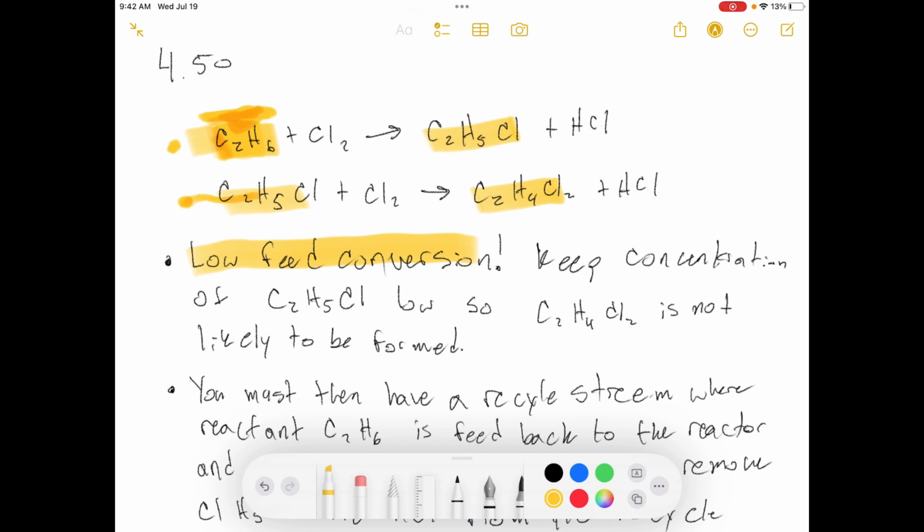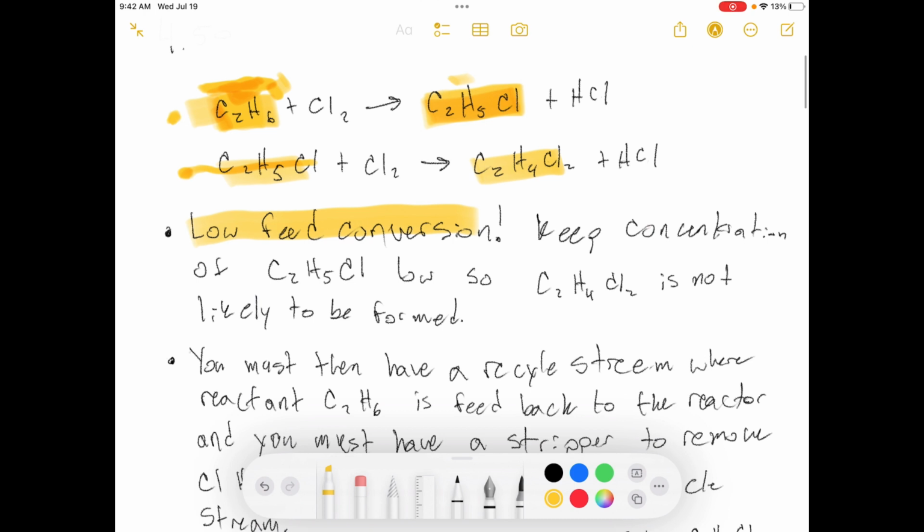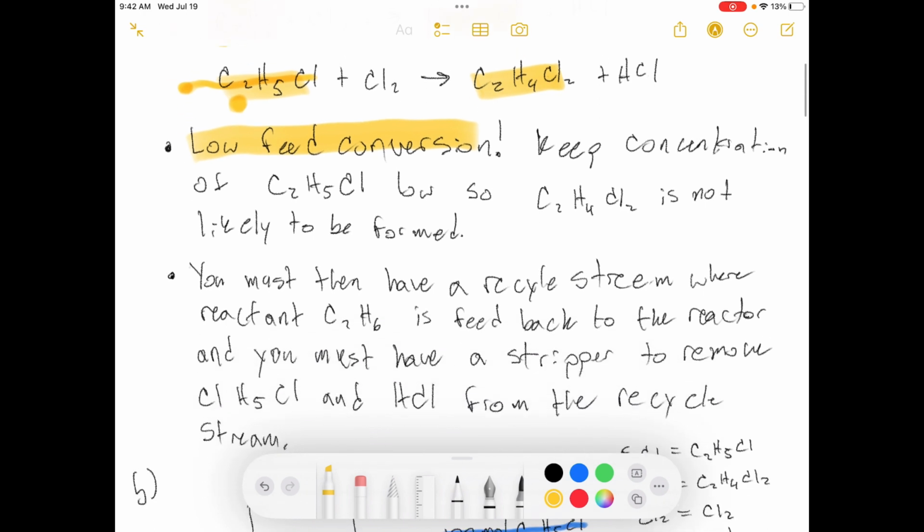So then you're going to start consuming some of your product. You'll start losing it. So you want a low feed conversion, so you make sure that this is always present in your reactor. You also want to keep this concentration low, because as long as this concentration is low, you won't form much of this because there isn't a lot of it in the reactor. It's less likely to be formed.